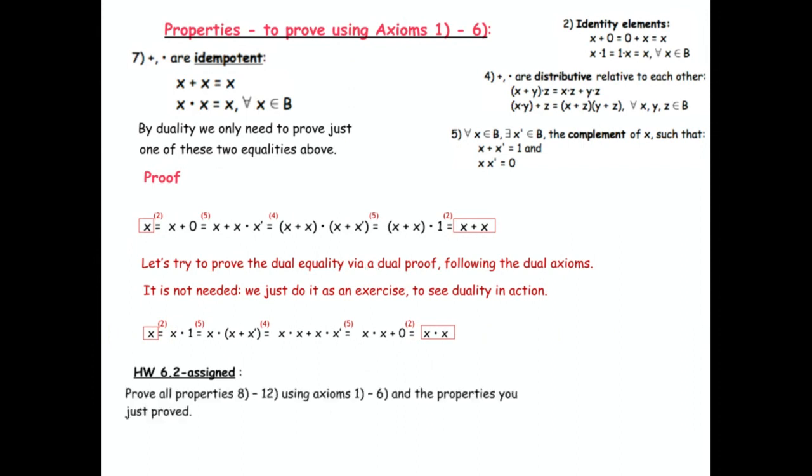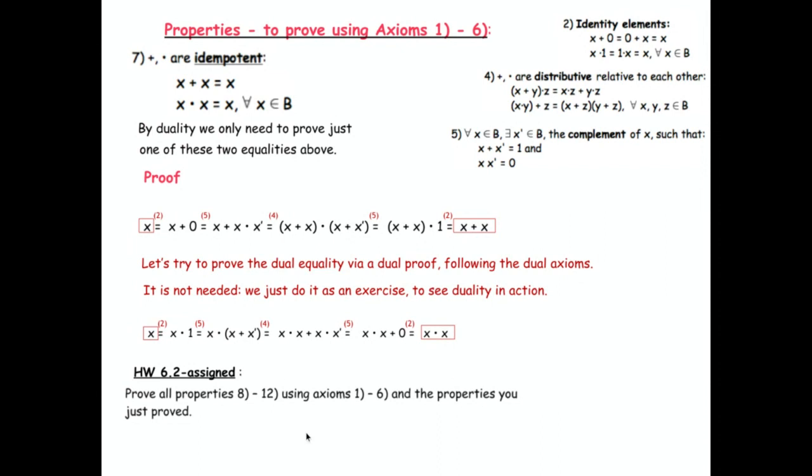So this is the new assignment for tomorrow, where you will have to prove the remaining properties. Here we've proven 7. You have to prove A12 using axioms 1 through 6. And you can use the 7th property also.